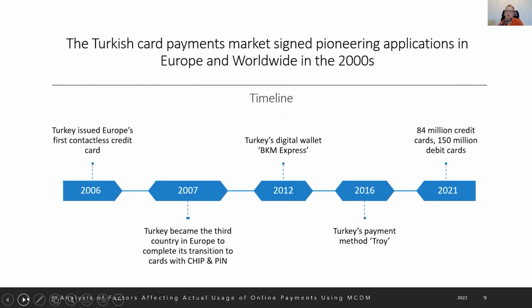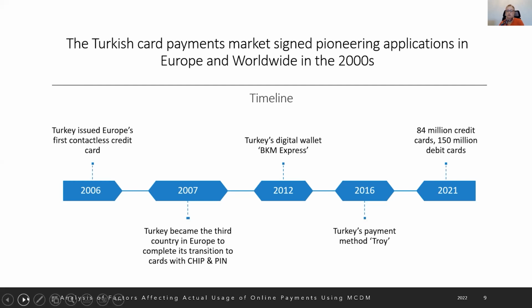And the Turkish card payments market signed pioneering applications in Europe and worldwide. In the 2000s, starting with 2006, Turkey issued Europe's first contactless credit card, followed by, in 2007, Turkey becoming the third country in Europe to complete its transition to cards with chip and PIN.